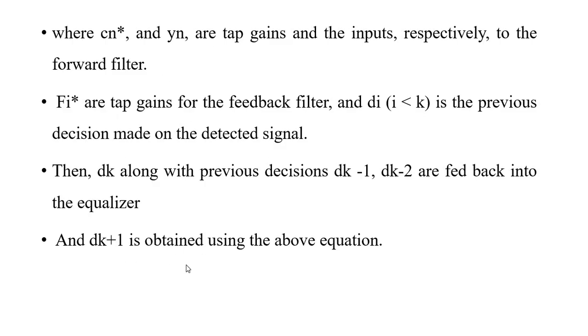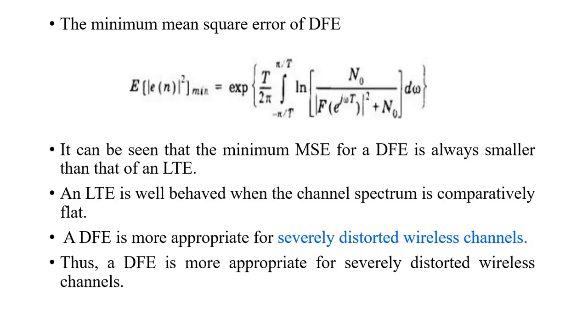These are noted here from the theoretical point of view, and finally we can talk about the minimum mean square error of the decision feedback equalizer. The main thing here is when to decide the output. That is why it is named the decision feedback equalizer. When we want to estimate the minimum mean square error of the decision feedback equalizer, we can estimate it using this formula, which is like the previous one.